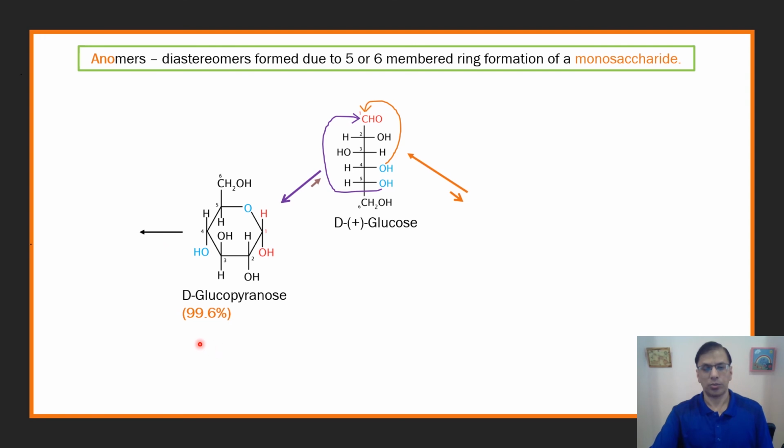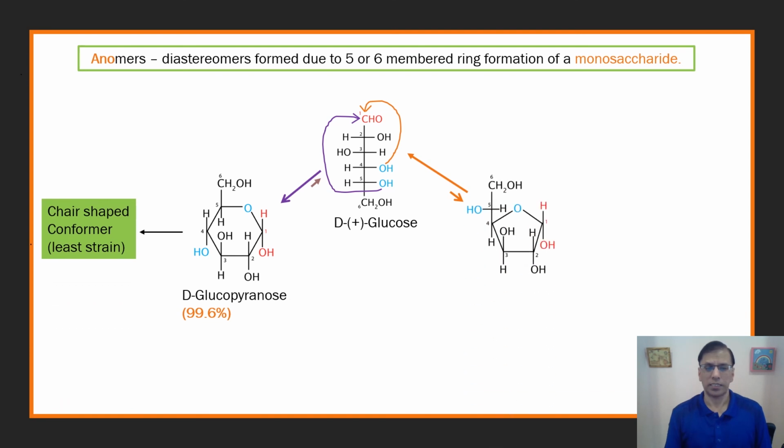So D-glucose exists as D-glucopyranose in 99.6%, and the other 0.4% is in the form of a 5-membered ring, which takes the shape of an envelope.